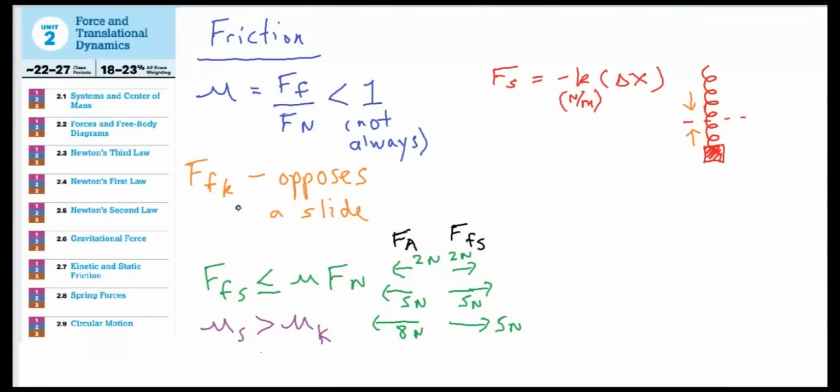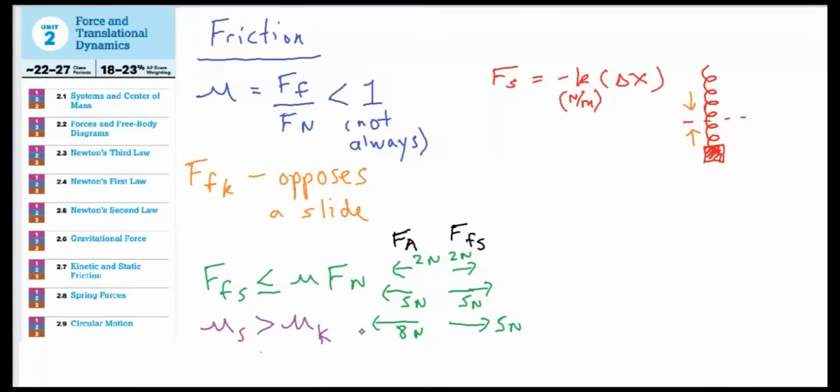So we have Fk, kinetic friction, which opposes a slide because of the irregularities in a surface. And then we have static friction, which is less than or equal to mu Fn. So static friction is just going to push back as much as it needs to until it reaches its maximum. So let's say, for example, a surface can push back with 5 newtons of force on a certain object. If you pull with 2, it's going to counteract with 2. If you pull with 5, it's going to counteract with 5.